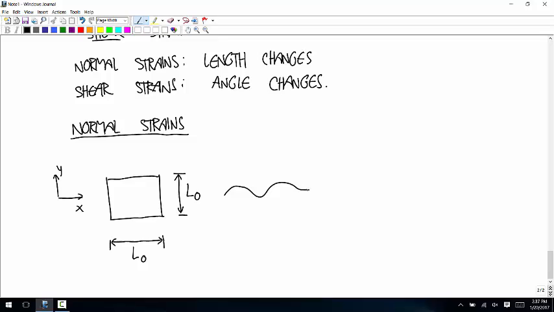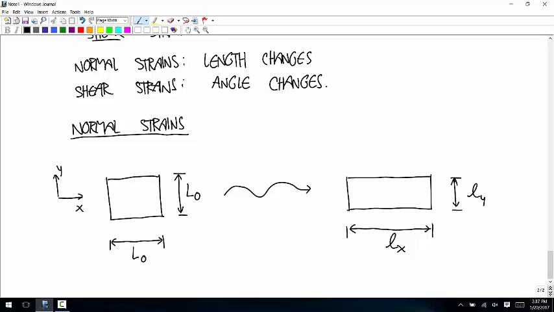And after the deformation, we have something like that, where the length along the x-axis I'll call lowercase l sub x, and the length along the y-axis lowercase l sub y.